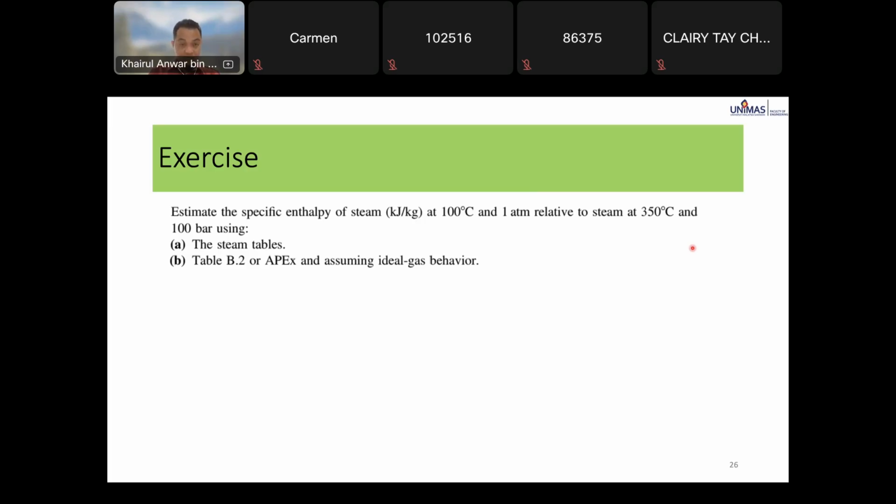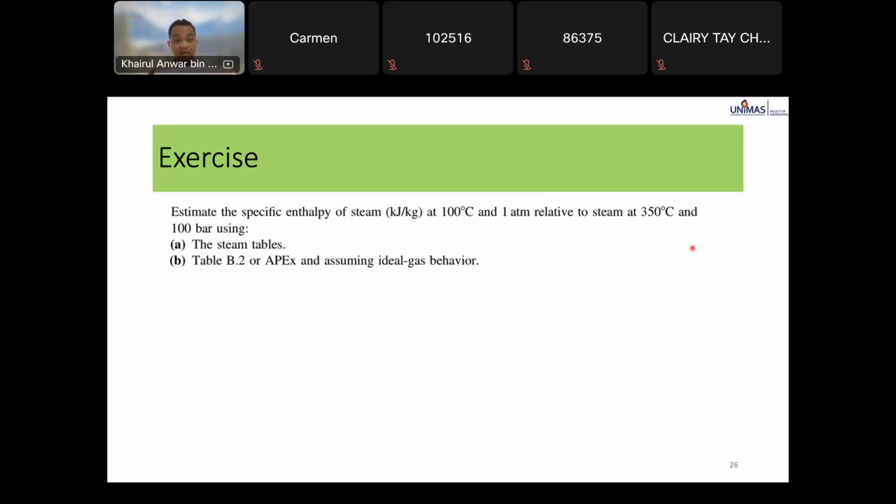For the question there, 100 bar using table B7, page 150. 100 bar, the first column. So in the first row, you search for 350 degree C. So value of H is 2926. So 2926 minus 2676.